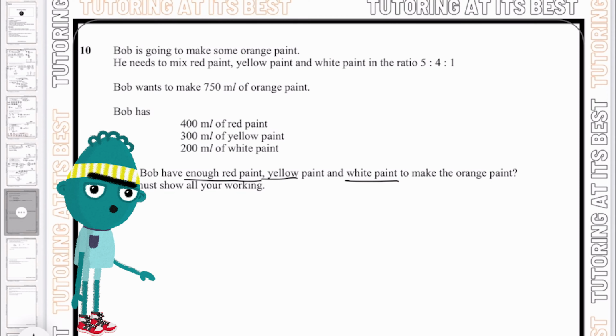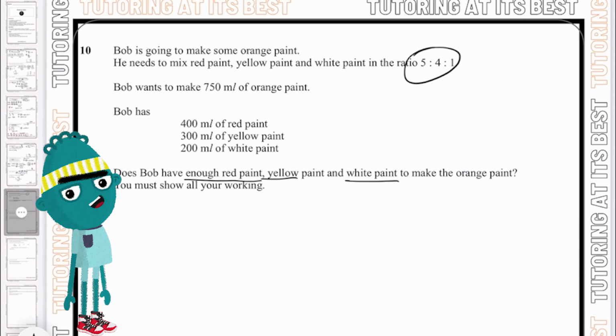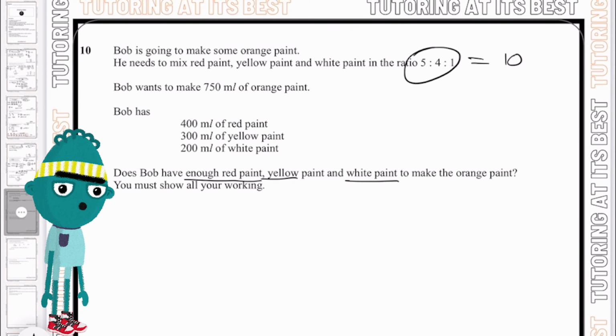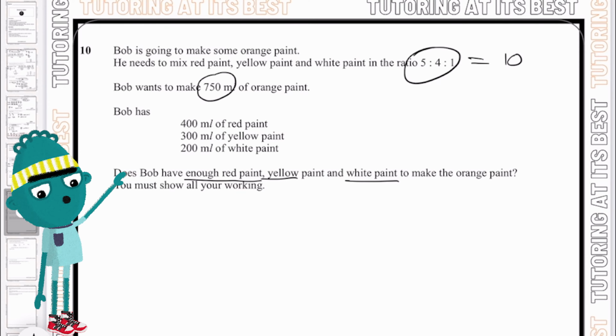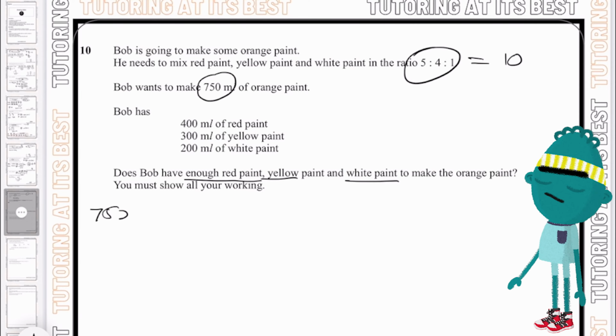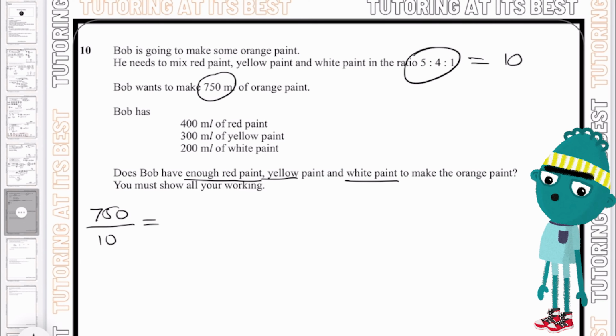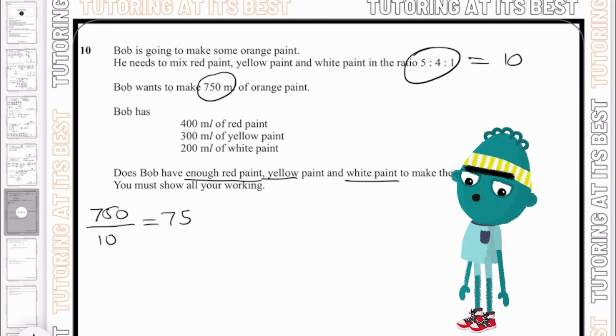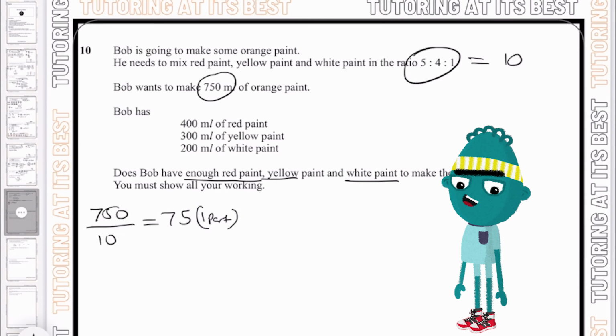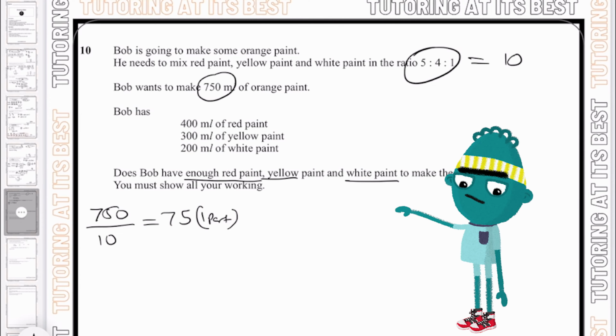So let's take a look at this. Let's add up our ratio, which gives us 10. We then know that he wants to make 750 milliliters of orange paint. So we're going to divide 750 milliliters by 10, which gives us 75. So we now know one part equals 75. So let's now see if he has enough parts to mix the paint.